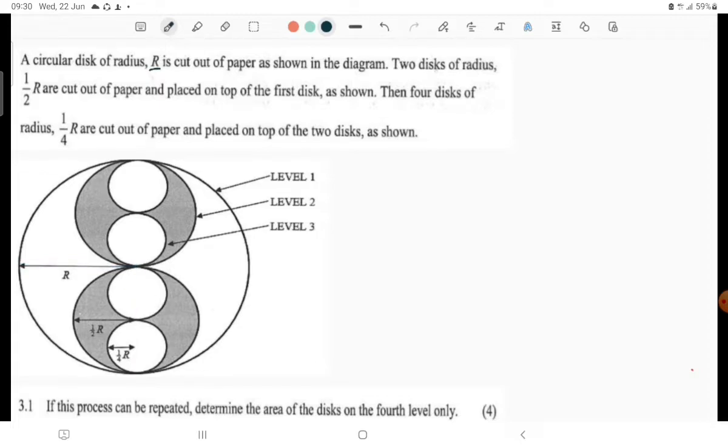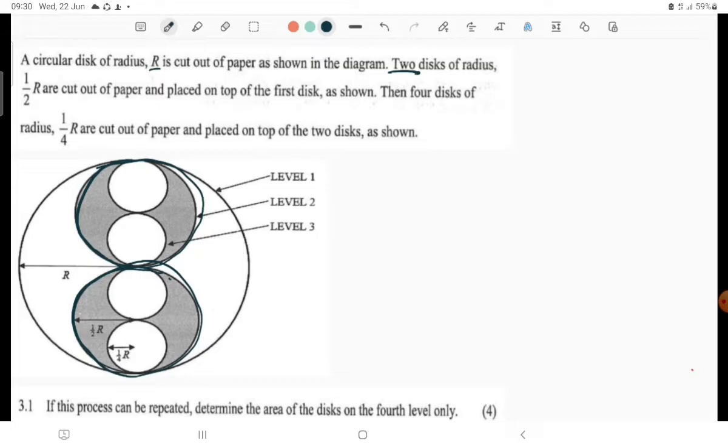Then two discs of radius half r are cut out of paper and placed on top of the first disc, which means now on top of the first disc as shown, we are having these ones, because it had two discs, which means we're talking about that one and also these ones. So they are put on top of the first disc, which is the biggest one, as shown in the diagram.